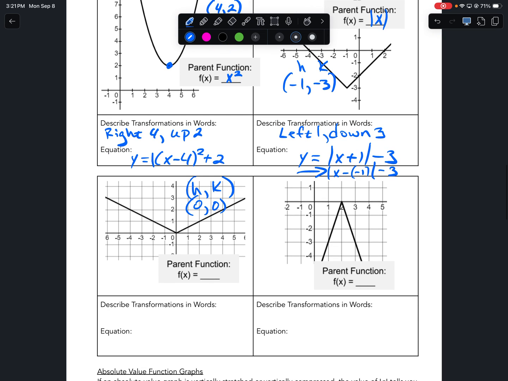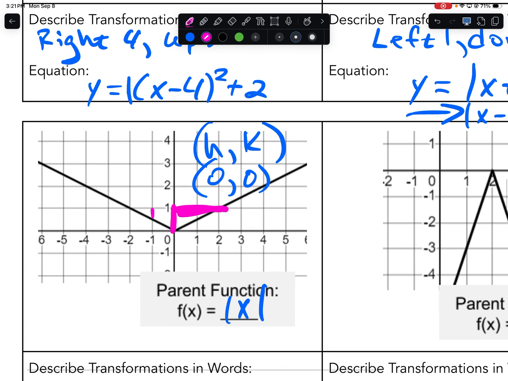Okay, parent function, absolute value of x. So what happened here? The equation went, reflection of the y-axis, right? What is that slope right there? It went up how many? Went up 1, and it went over 2.